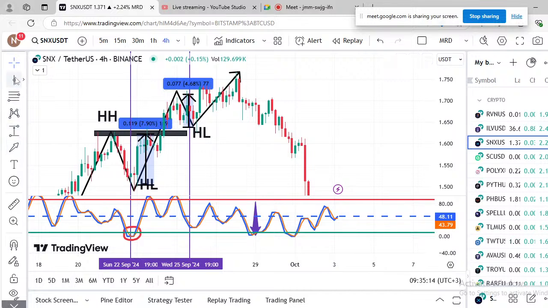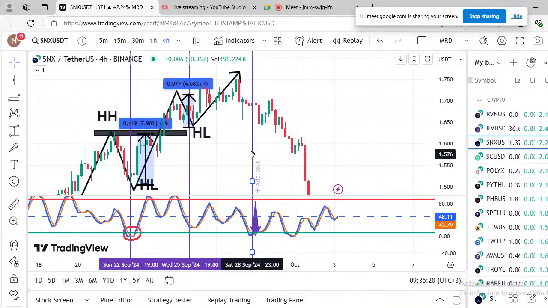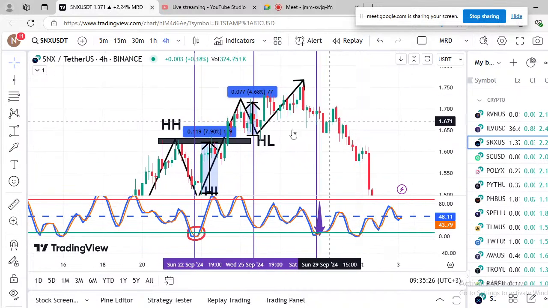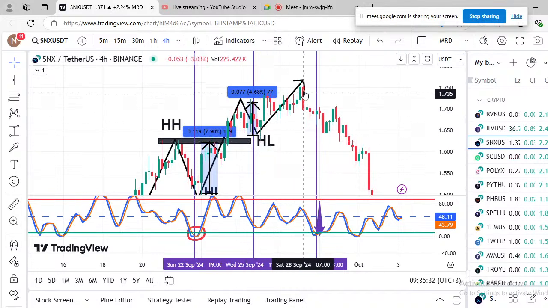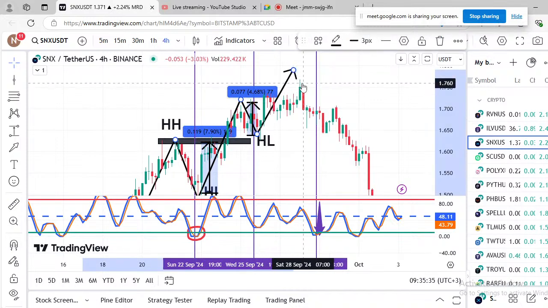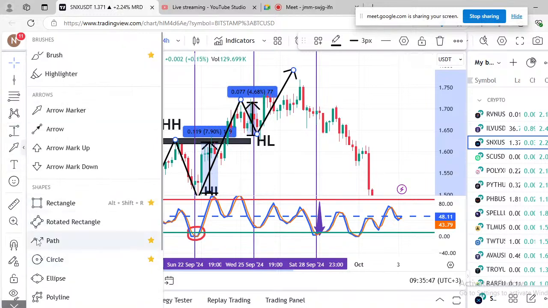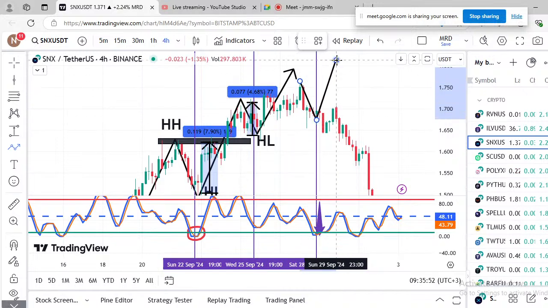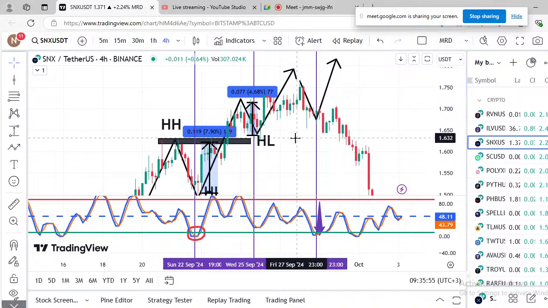Now here, I wouldn't expect anyone to trade at this point, because we had here the higher low, and we had here the higher high. So you are expecting the market to first come back, and then we move and break the previous high. For example, like this. We are expecting the market to move like this, then up.